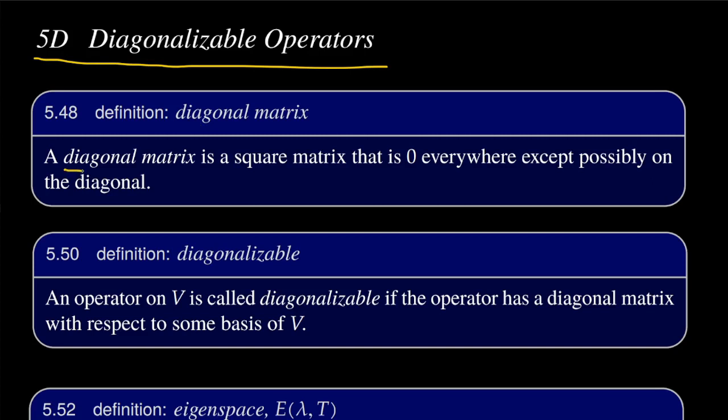It has zeros everywhere except on the diagonal, potentially. It could have zeros on the diagonal, but that's the only place where you have any option to have anything other than zeros. Basically, think of it this way: a matrix is diagonal if both the matrix and its transpose are upper triangular.